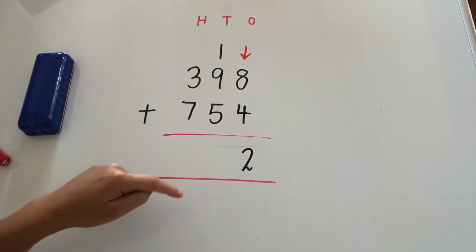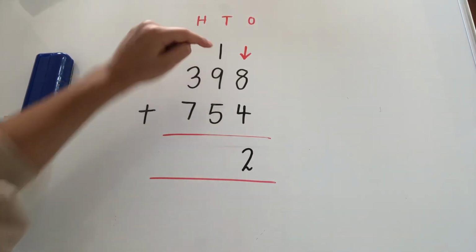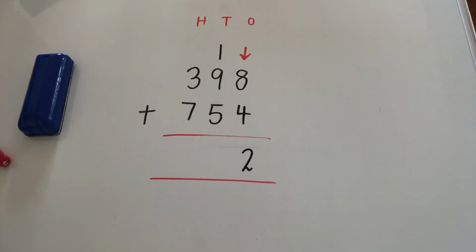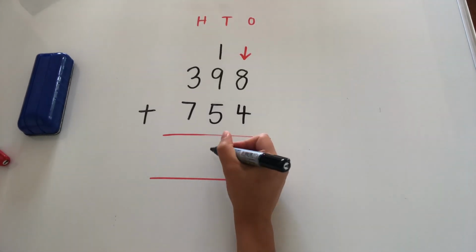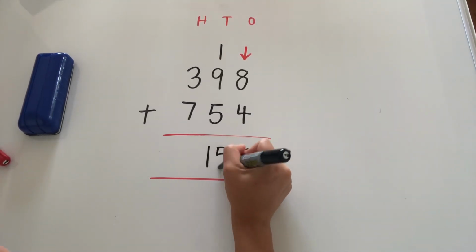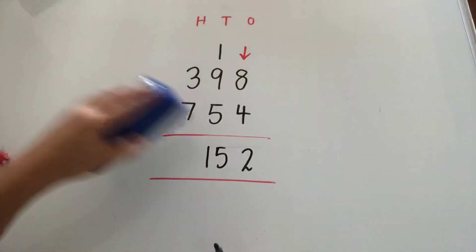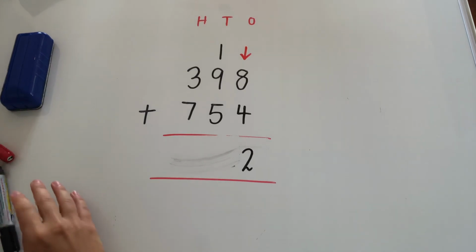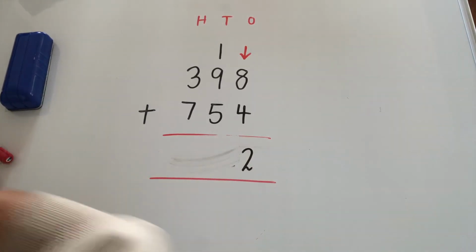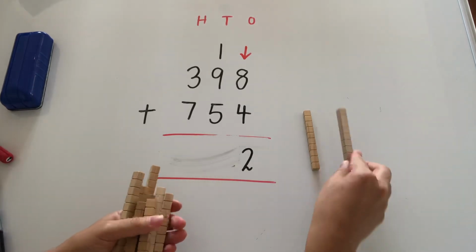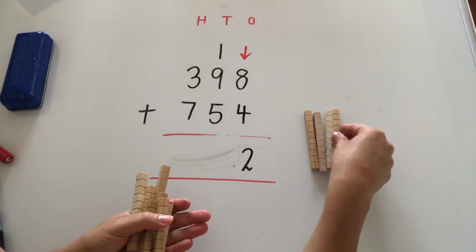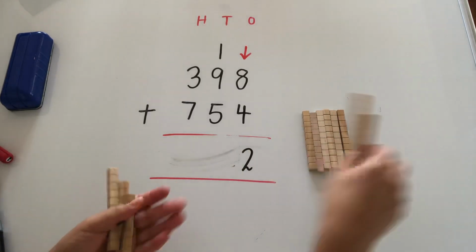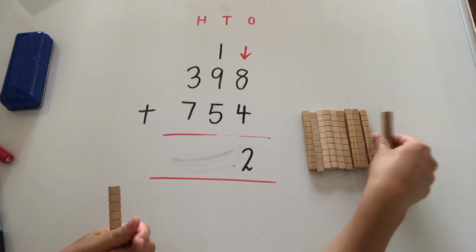Then we're going to add our tens column. So 9 and 1 is a friend of 10. So we can see 10, add 5 is 15. So we've got 15 tens. Same thing, I can't put 15 in this column. I can't have 2 digits in it. So remember if I was to get my MAB out, so let's have a look. If I had 15 rods, 1, 2, 4, 6, 8, 10.